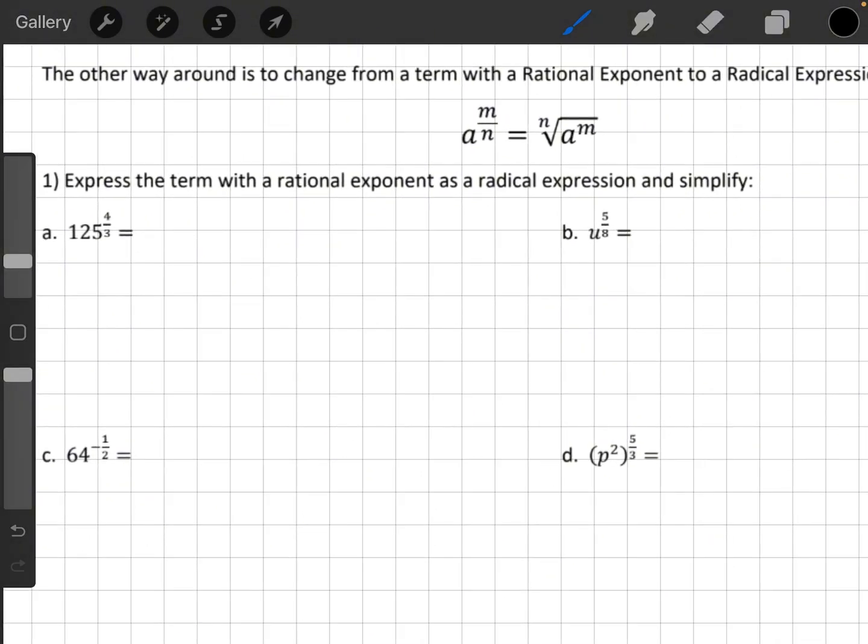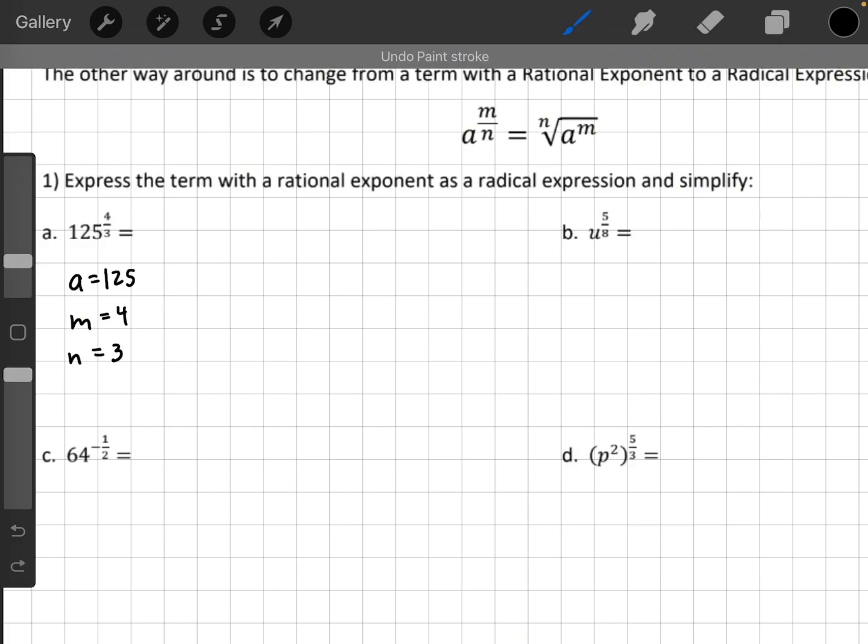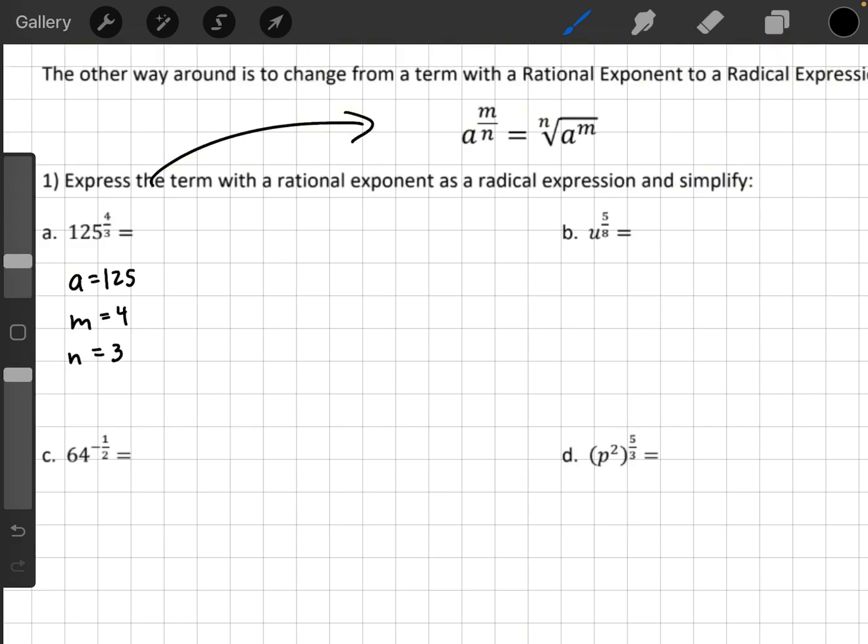So the first one, our a value will equal 125, the m equals 4, and the n equals 3. We see that here, referencing this formula here. We're going to change a to the power of m over n to the nth root of a to the power of m.